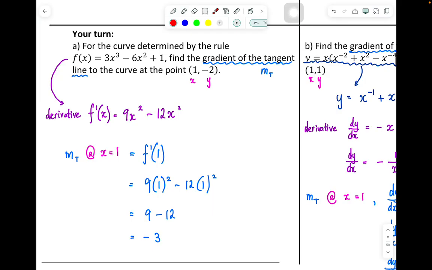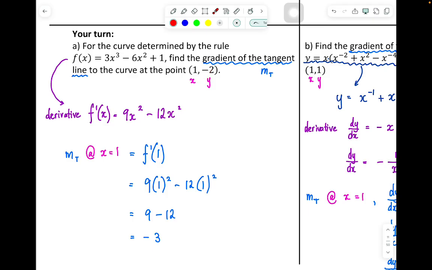In this example here, you can see f of x. They want us to find the gradient of the tangent, so f dash x. And they've given us another point, so by now we understand that we only need to use our x value. We don't need to use the y value.